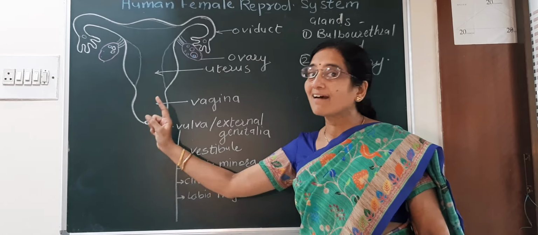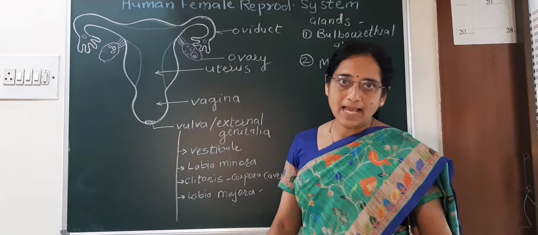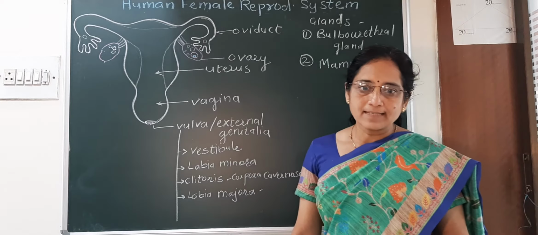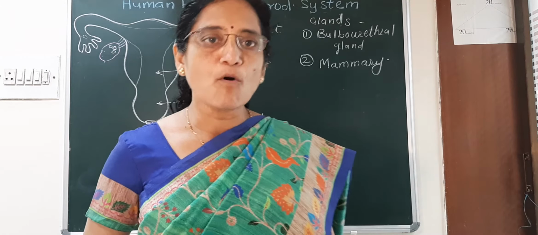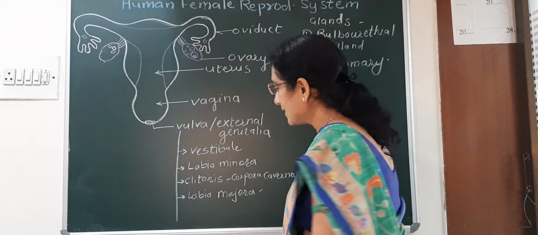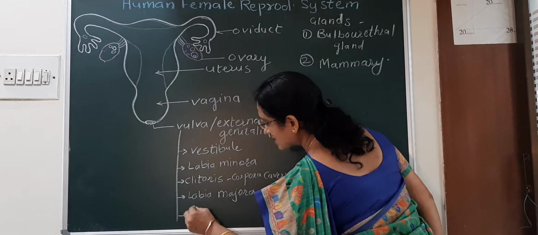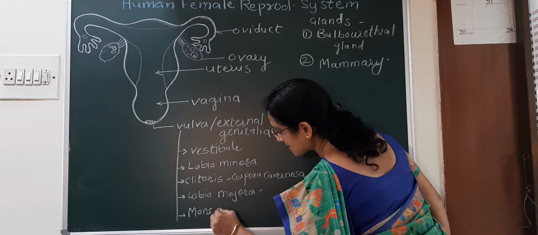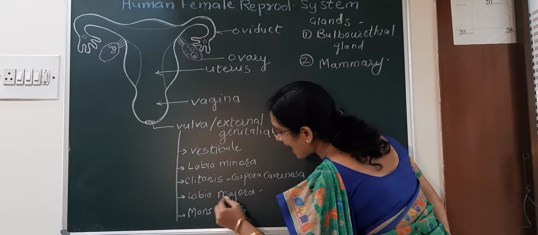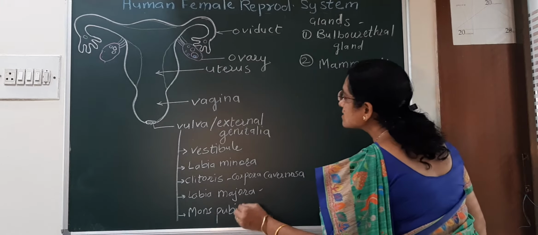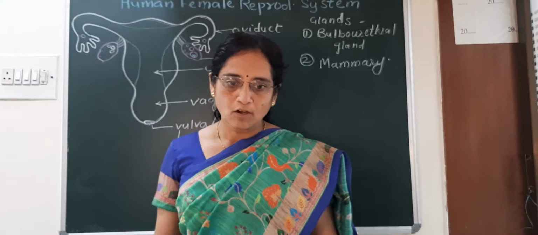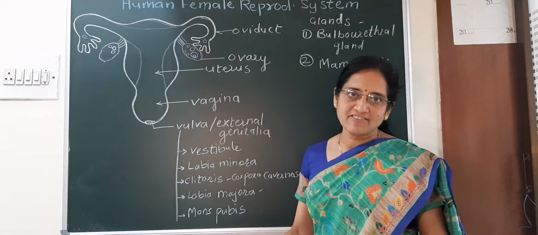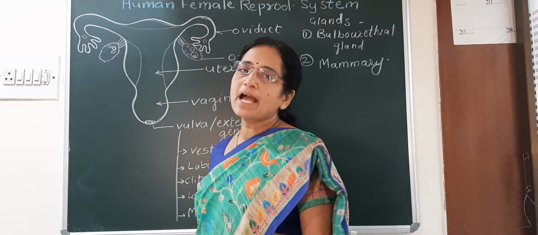And the last part is the mons, also called mons pubis. Mons pubis and labia majora have pubic hair on them. It is a fleshy elevation over the labia majora.